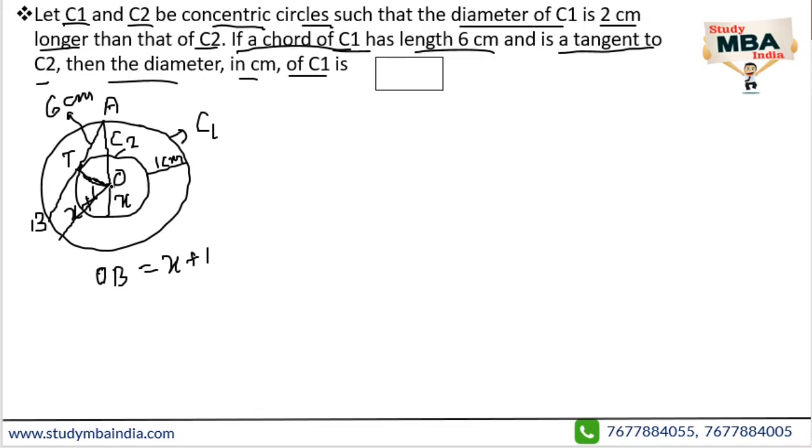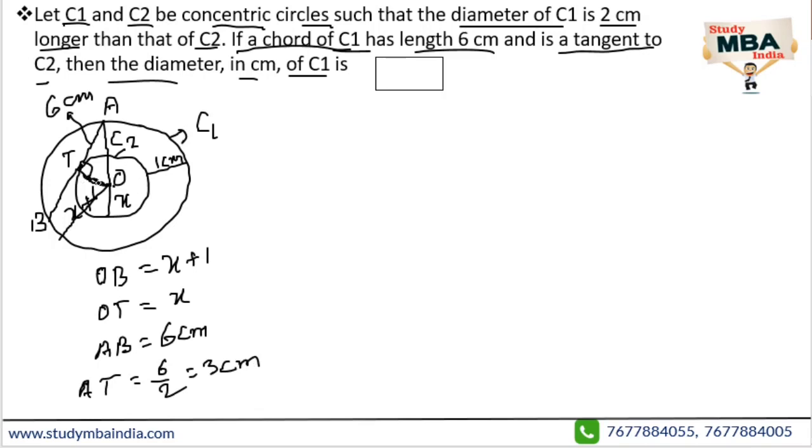OT, where the chord touches the circle C2, basically the tangent point. If we draw from the center, that will be perpendicular, and OT is nothing but the radius of the circle C2, that is x. The length of AB is given, this is 6 centimeter, which means the length of AT will be half of 6, or we can say 3 centimeter.